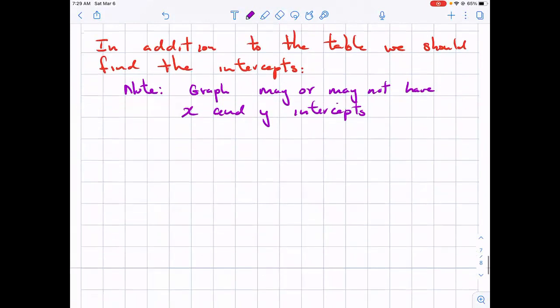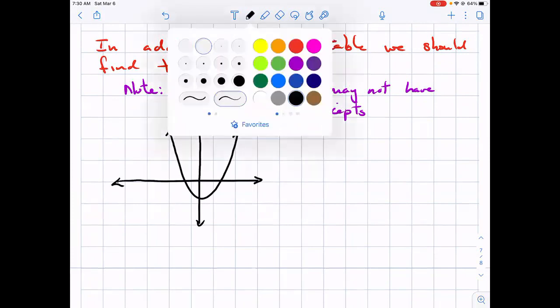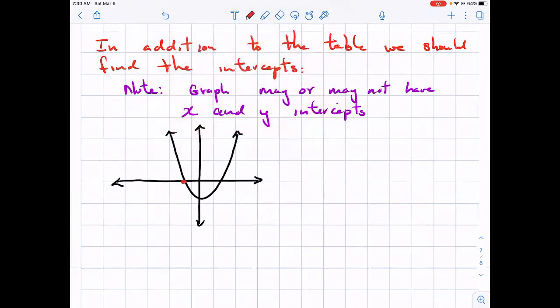So for example, on the previous picture, we had a scenario of both x and y, right? So here we have an x-intercept. Here we had an x-intercept again.